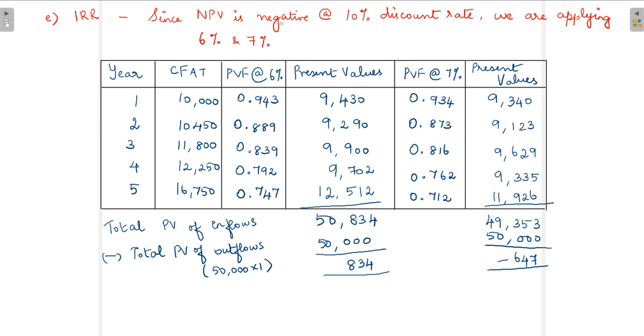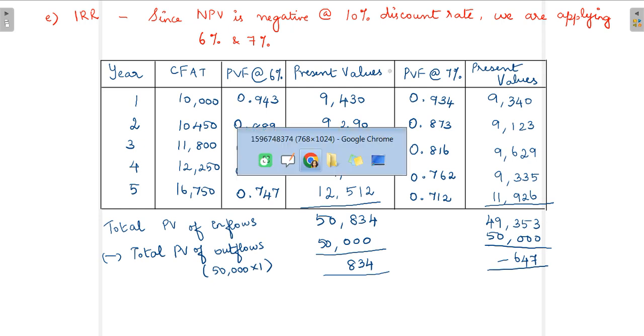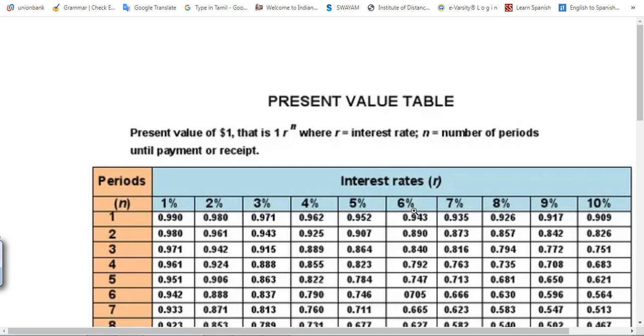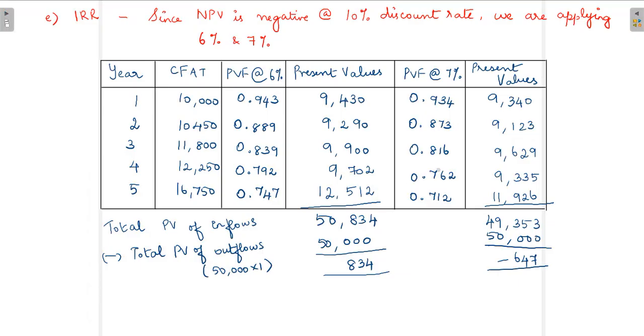The last thing that we are doing in this problem is the IRR. Since the NPV that we got at 10% is negative, we will choose a percentage much lesser than 10% to get a positive net present value. So in this case we have chosen 6 and 7%. Again we go to the present value table, note down the values and post them in the table.